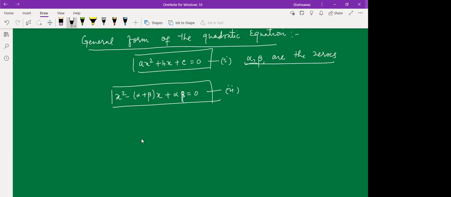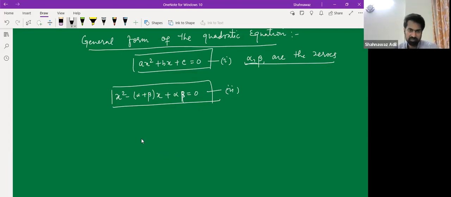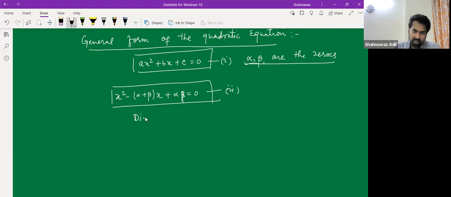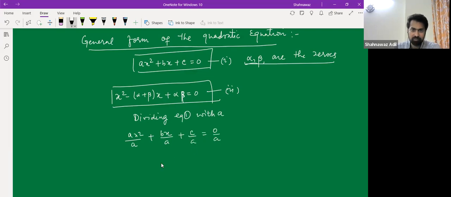Yes, can we divide it by a? If we are dividing one term, we have to do it in all the terms, right? So dividing equation 1 by a, this would be ax square by a plus bx by a plus c by a equals 0 by a.